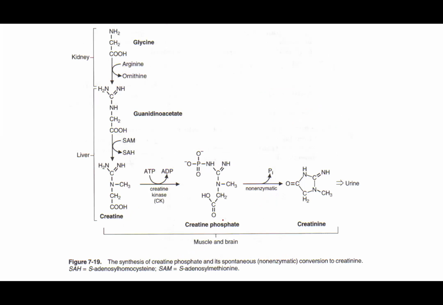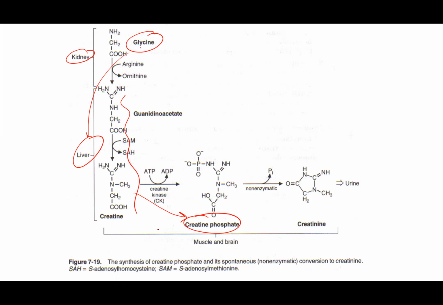Okay, you don't have to know this chart, but it's a biochemistry formula, and it's here to show you what happens. Okay, so the kidneys take the glycine and basically send it to the liver to be synthesized, and the liver will do its fancy biochemical formula to eventually give you the creatine phosphate.